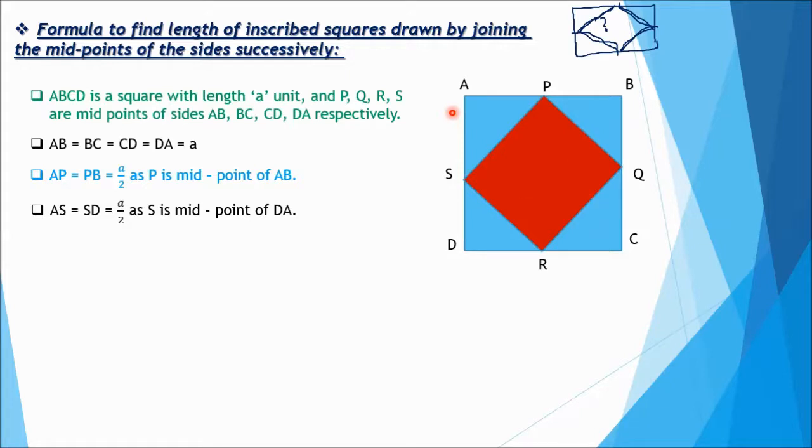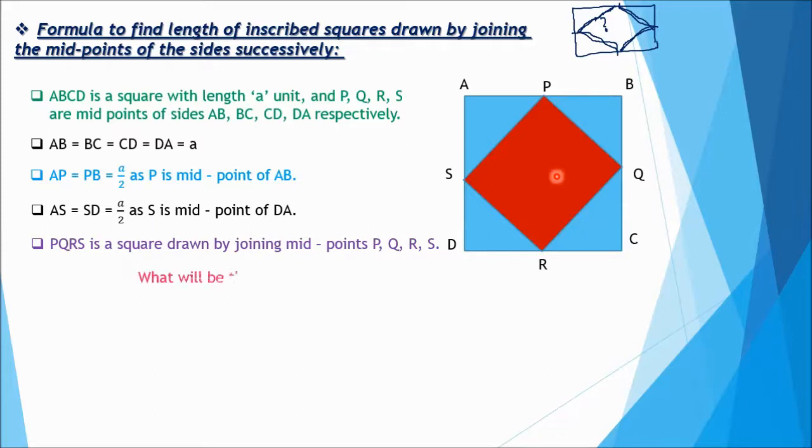Now this is another square drawn by taking the midpoints P, Q, R, S. The red color is a square. Now you can see right here, a right angle triangle is formed at A, and we have to find the measure of PS, PQ, all the sides of this, isn't it? We need a formula. PQRS is a square drawn by joining midpoints P, Q, R, S. What will be the length of side PQ?